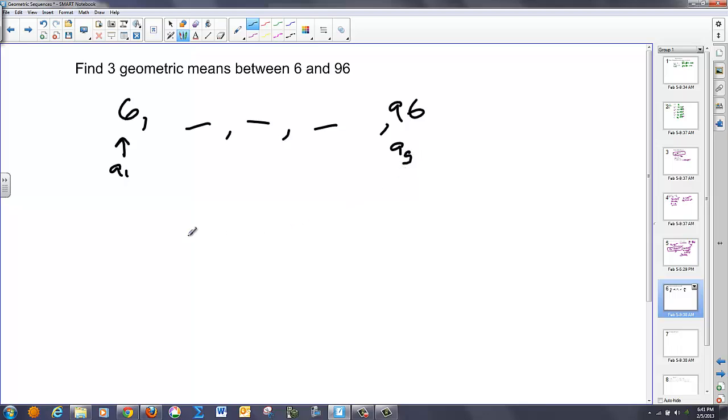Therefore, 96 equals our first term 6 times our ratio to the subscript, which is 5 minus 1. 96 divided by 6 is 16. That's equal to r to the 4th power. So we'll take the 4th root of each side.